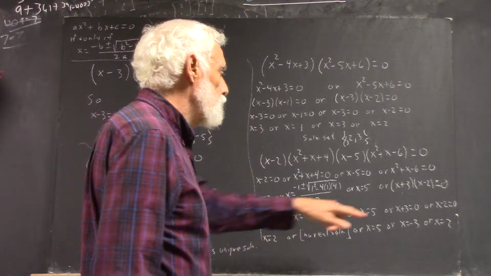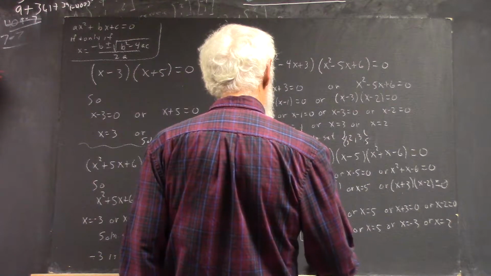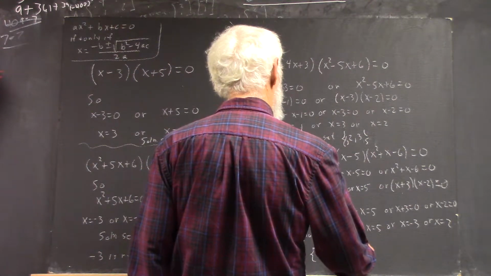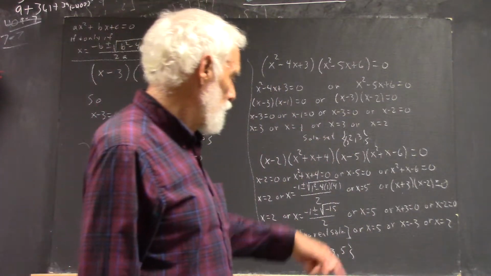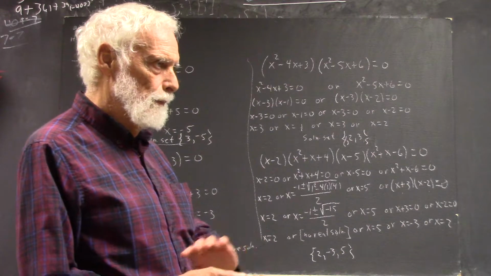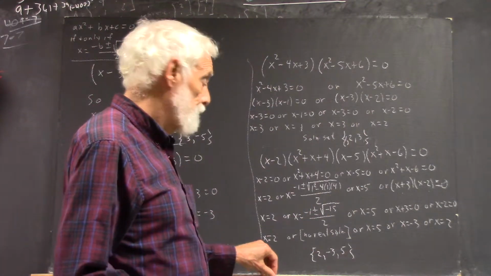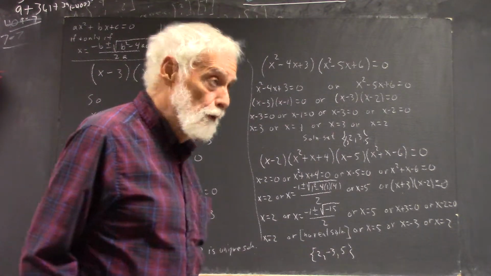X equals 2 is repeated, so it goes into the set, but only once. In the order they come out here, 2, negative 3, 5. You usually list them from least to greatest because it's easier to look at. Okay? Make sense? Okay, so that's not too bad, right?